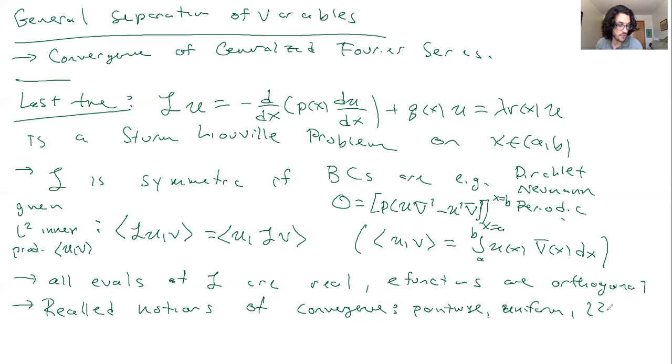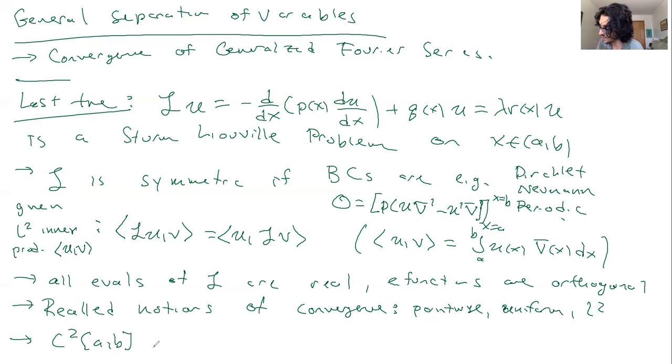We have uniform convergence, which is stronger, if the infinity norm of the difference goes to 0, that some sequence of functions goes to f. And L2 convergence just means that the L2 norm goes to 0. That ends up being the weakest form, but it's sort of the easiest to deal with.